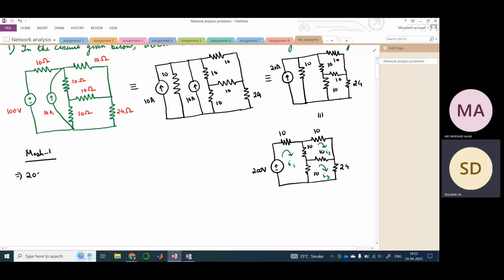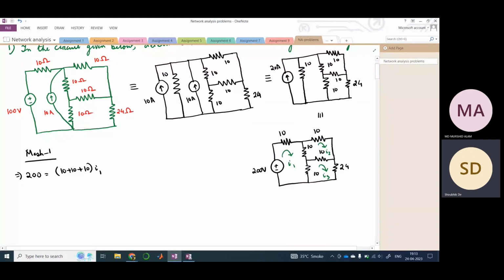What would be the KVL equation in mesh 1? It would be 200 volts equal to, we have these three 10 ohm resistors through which I1 is flowing, 10 plus 10 plus 10 I1, right? Then I2 would be pointing in the negative direction, because you see through the 10 ohm resistance, I1 is flowing from the top to bottom, and I2 is flowing from bottom to top.